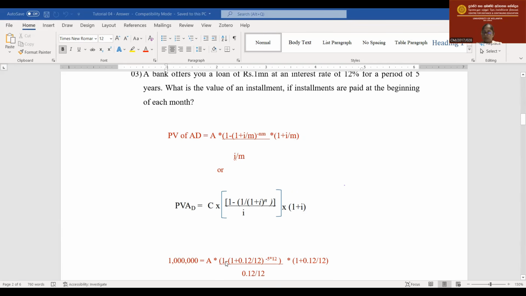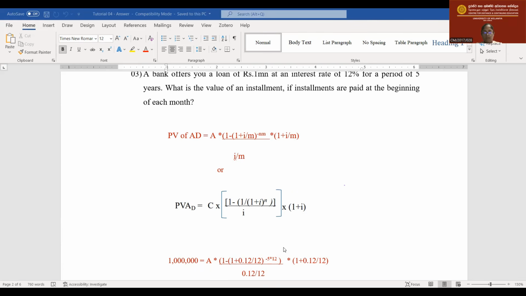A multiplied by 1 minus, open a bracket, 1 plus i, where the annual interest rate is 0.12. But what is our m? Here it is monthly, so as I told you, we have to divide the annual interest rate by 12. Close the bracket.